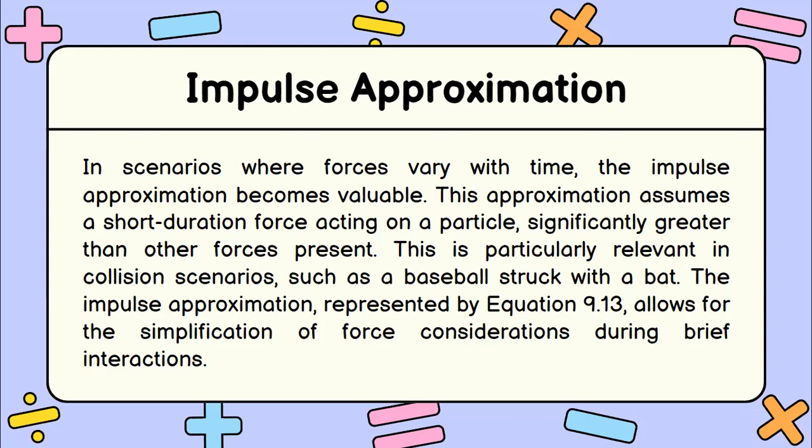This is particularly relevant in collision scenarios, such as a baseball struck with a bat. The impulse approximation, represented by equation 9.13, allows for the simplification of force considerations during brief interactions.